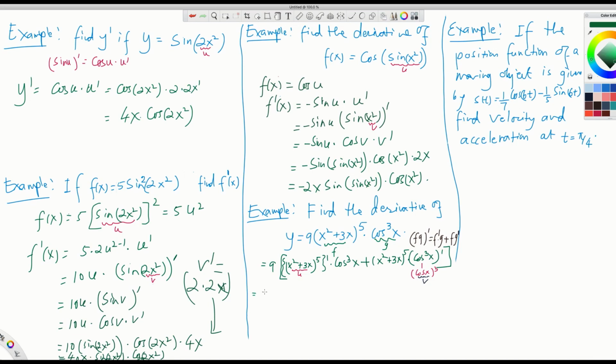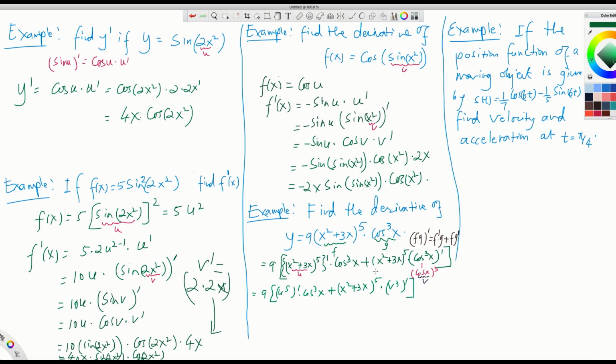You get 9. It is u to the 5 prime times cosine cubed x, right? And then plus (x squared plus 3x) to the 5 times v cubed prime.